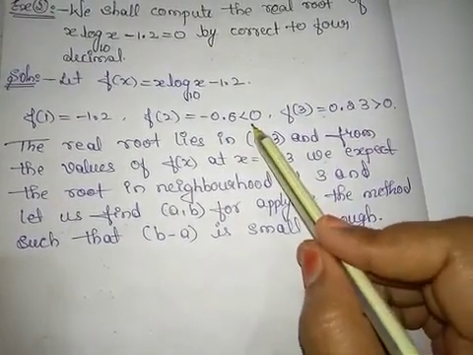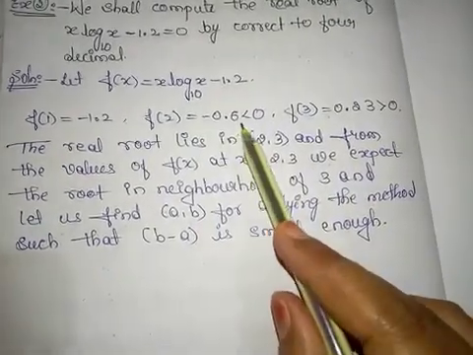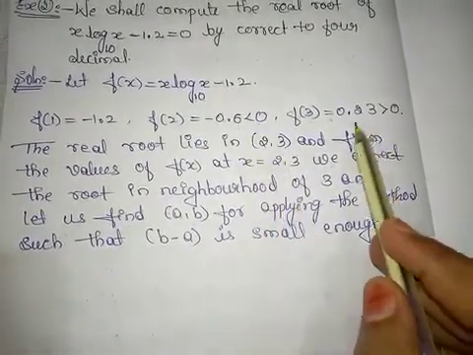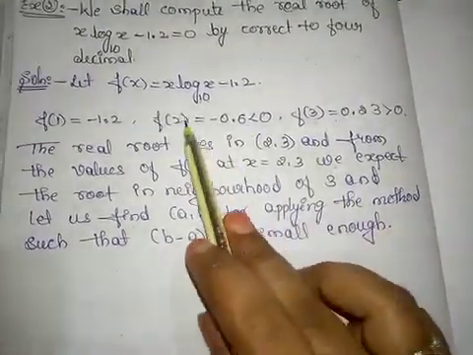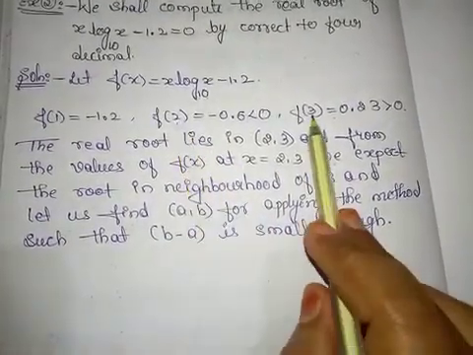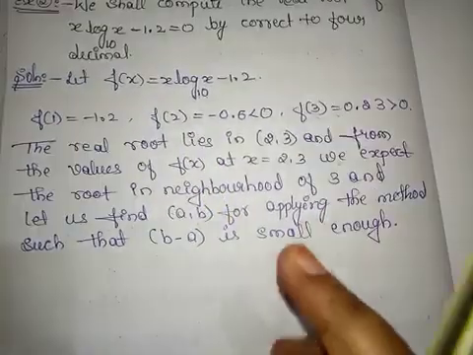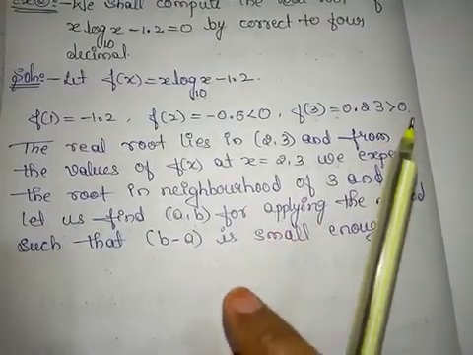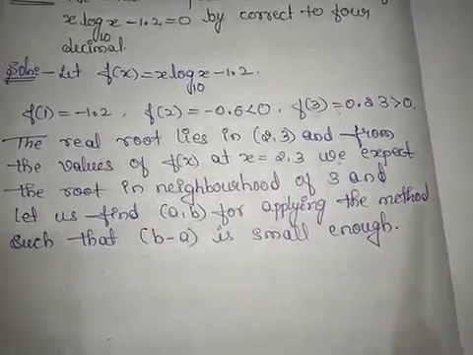Here this is less than 0, this is greater than 0. Means we get the condition f of a is less than 0 and f of b is greater than 0. That means our real root lies between 2 and 3. And here b minus a value is 1. Now we try to make b minus a small enough.